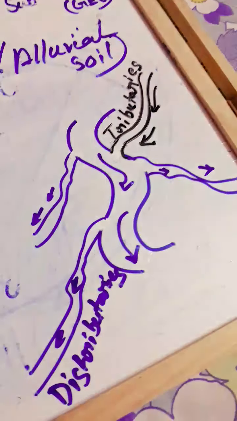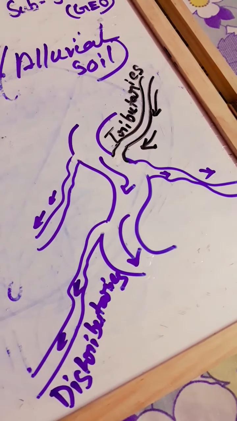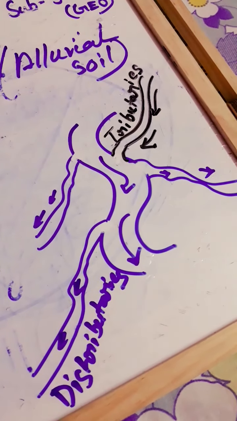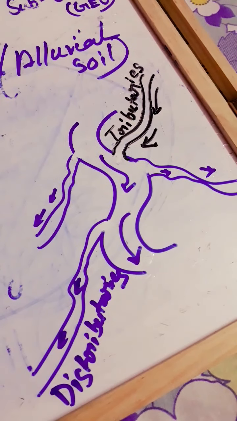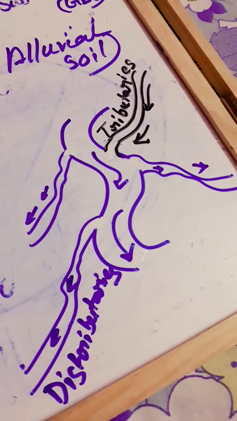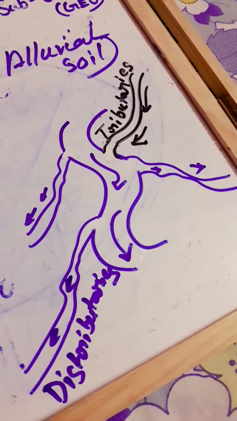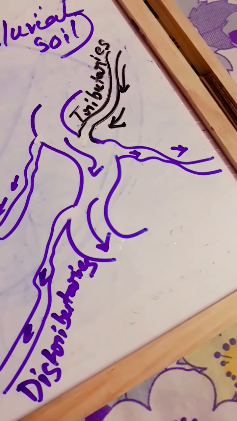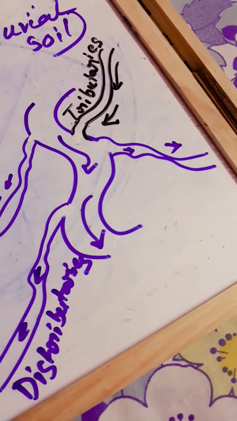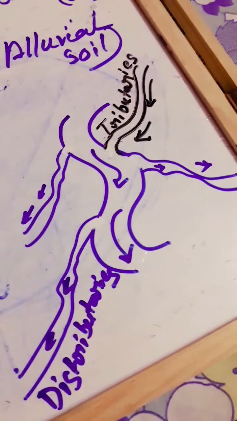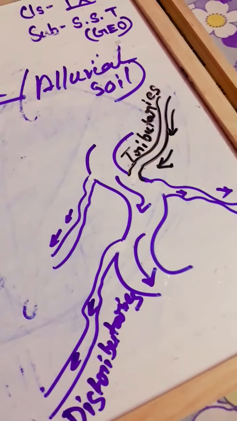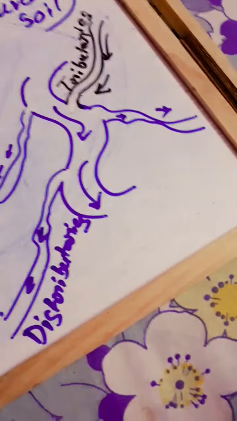So when the perennial rivers come into that area, all the time they are coming with their sediments, with their loads. So this is ideal for agriculture. Okay, so these are the main characteristics of the northern plain.